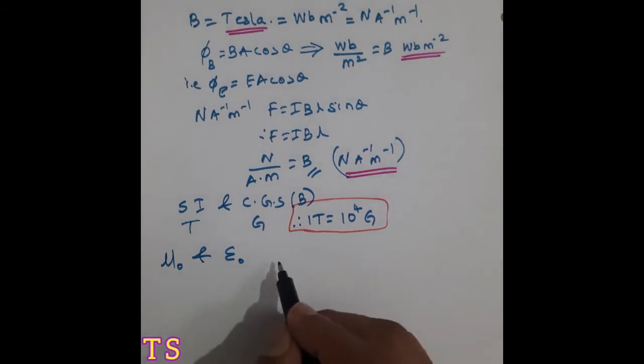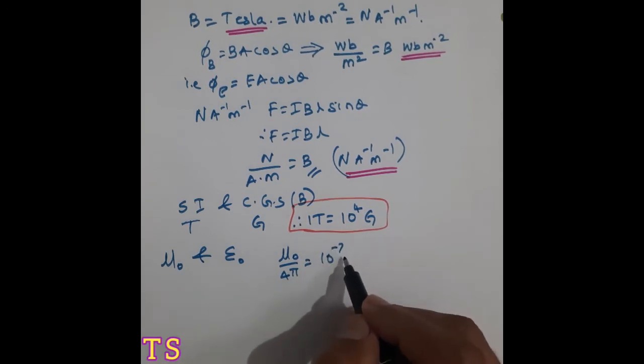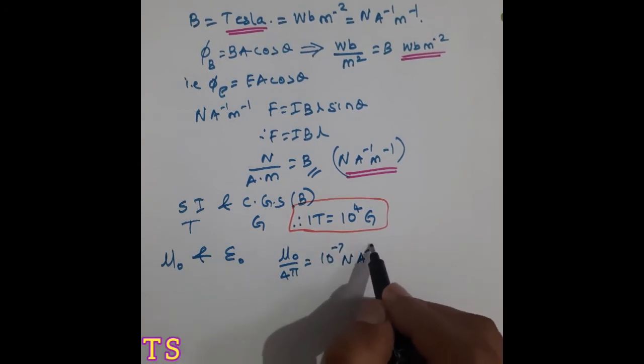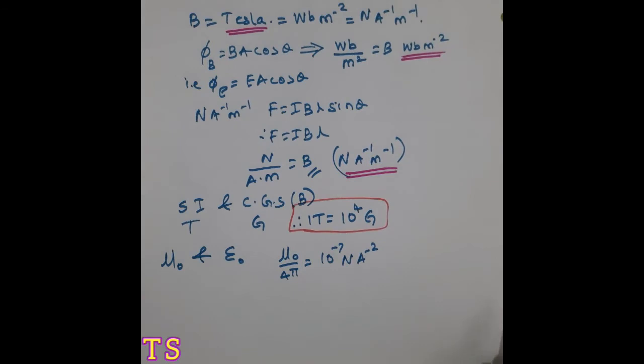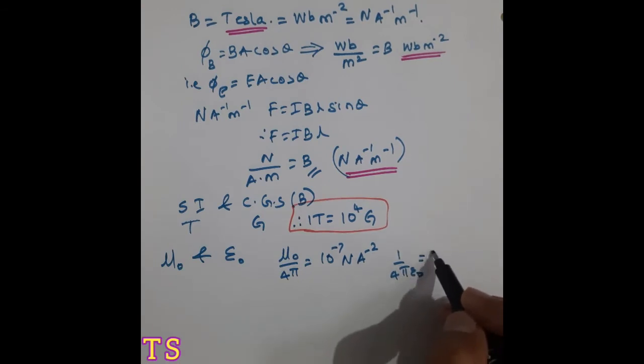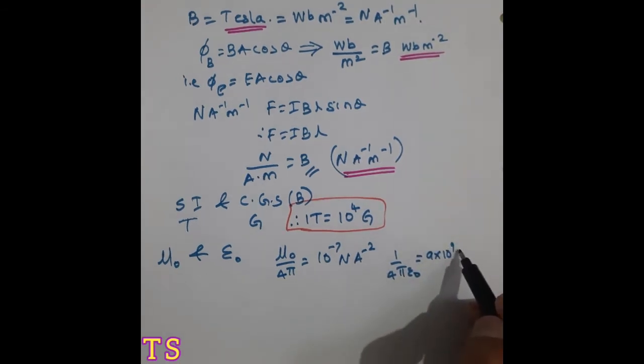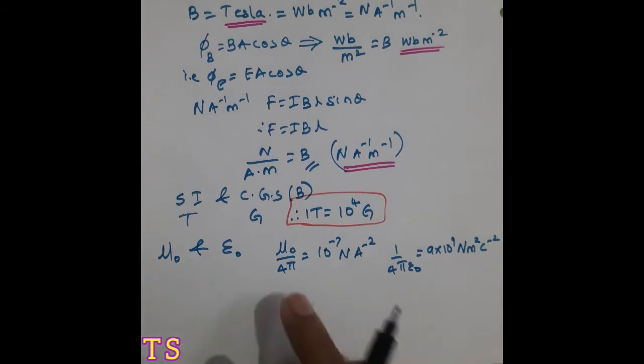We know that mu naught upon 4 pi is 10 raised to minus 7, and if I want, I can write the unit Newton per ampere square. I also know that 1 upon 4 pi epsilon naught equals 9 into 10 raised to 9, and the unit we also know, it's Newton meter square per coulomb square.